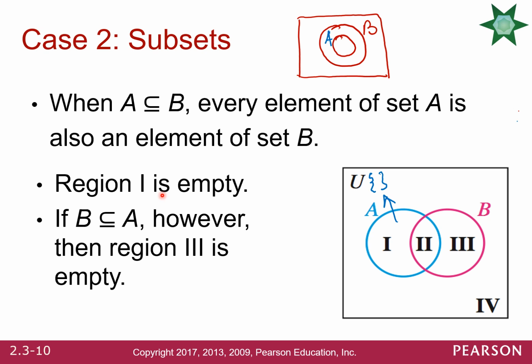But that would be the case if B is a subset of A. So we will have different scenarios if A is a subset of B and when B is a subset of A, right?